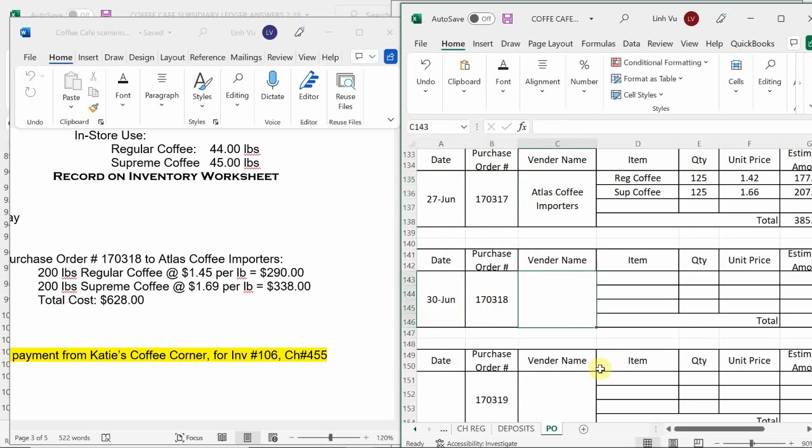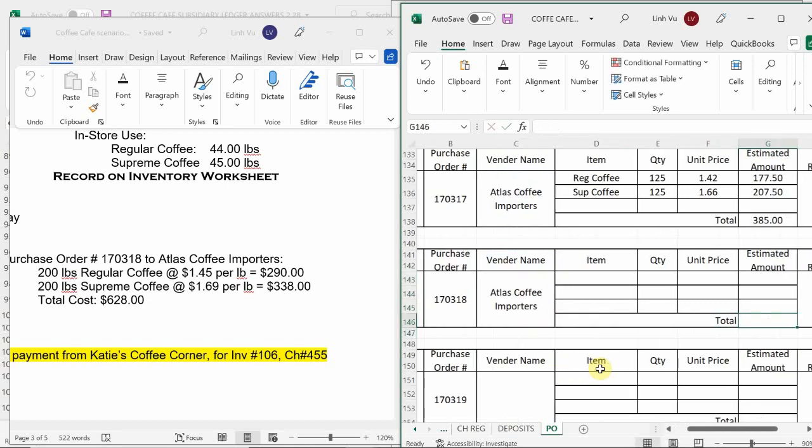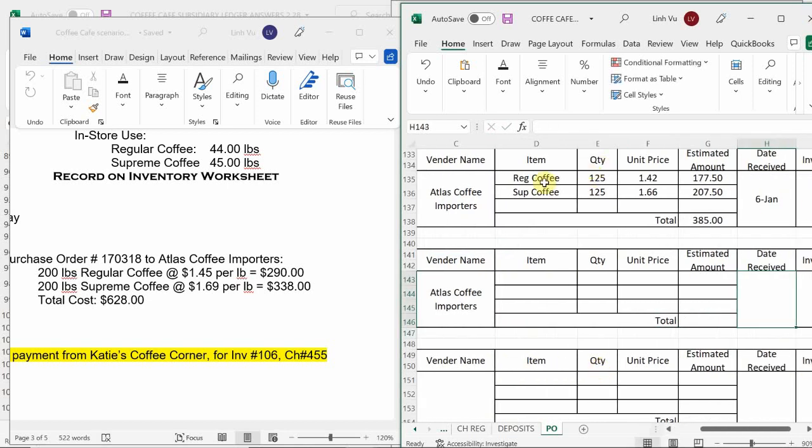Who are we ordering from? Atlas Coffee Importers. We're ordering pretty much the same thing, only the unit prices are different. The regular coffee is currently $1.45 per pound, and the quantity is 200.